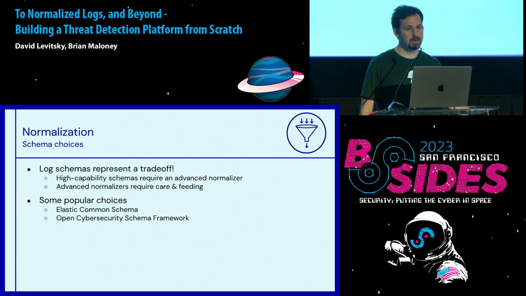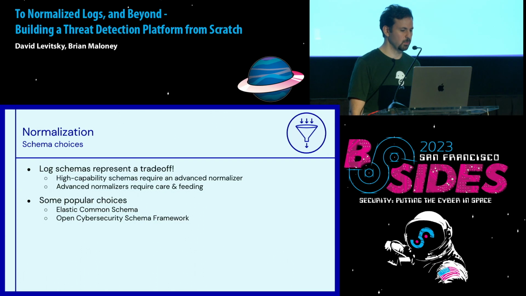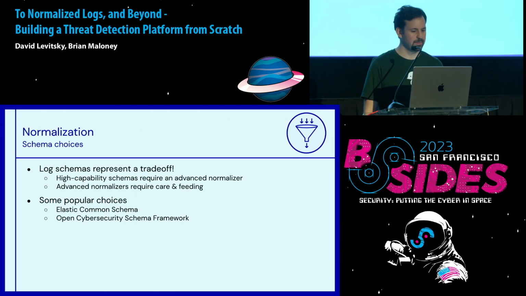They require a more advanced normalizer, and a more advanced normalizer requires more care and feeding. The more regular expressions you use, the more likely that something could go wrong. But some popular choices as far as those more advanced schemas would be the Elastic Common Schema or the Open Cybersecurity Schema Framework. Both of those have support by fairly large chunks of the industry.